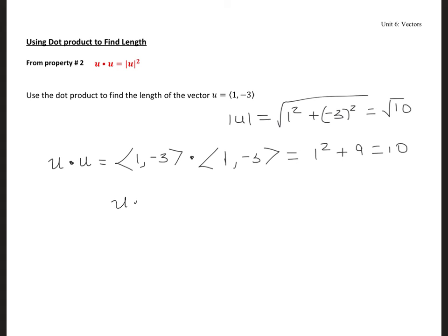According to the property up here, I know that u dot u is equal to the magnitude of u squared. So since I already have 10, which is equal to the magnitude of u squared, to get the magnitude of u I just need to take the square root of both sides.